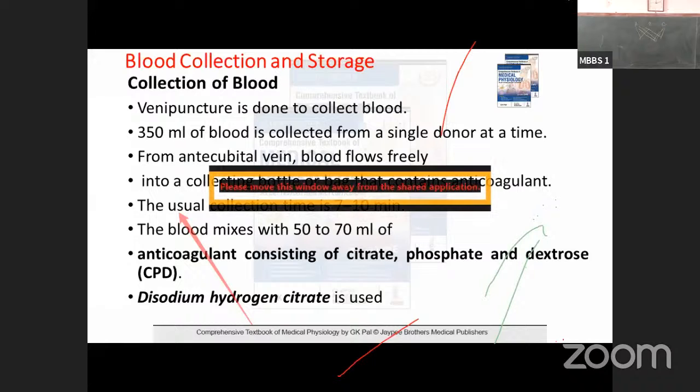It mixes with 50 to 70 ml of anticoagulant, which consists of citrate, phosphate, and dextrose. CPD, disodium hydrogen citrate, is used as an anticoagulant.